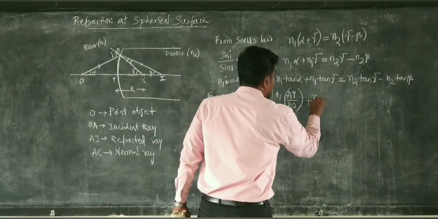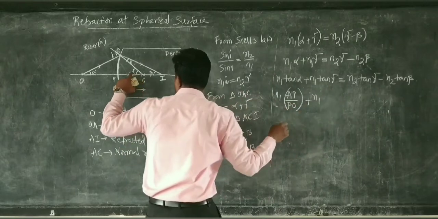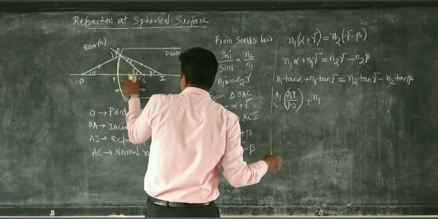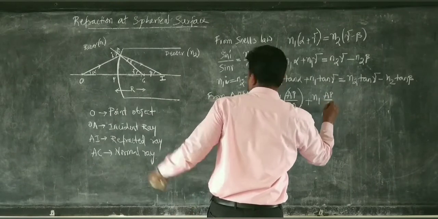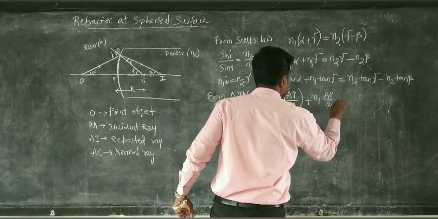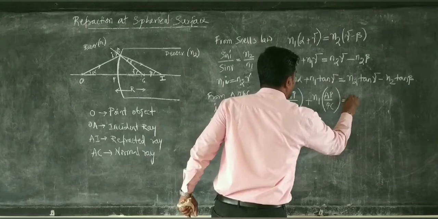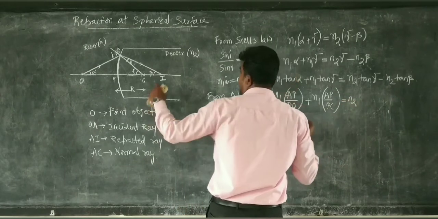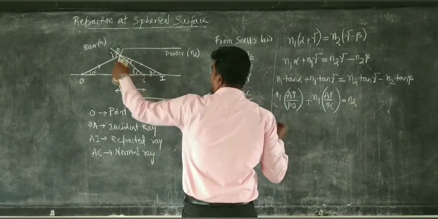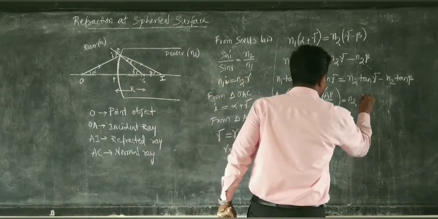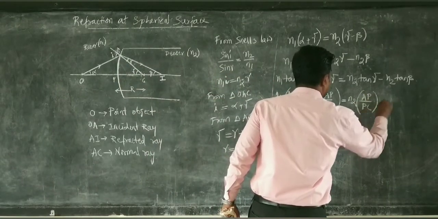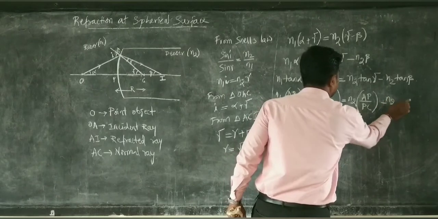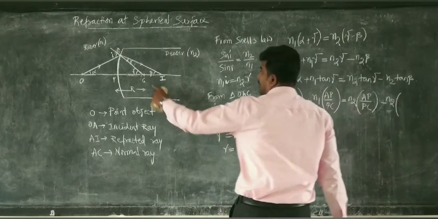Plus N1 tan gamma. Gamma is equal to opposite divided by base. Opposite is AP divided by PC, equal to N2 tan gamma. This is gamma, opposite divided by base, AP divided by PC, minus N2 tan beta.